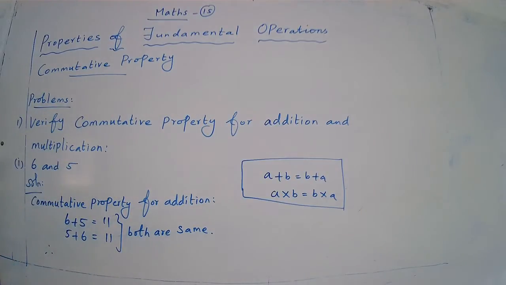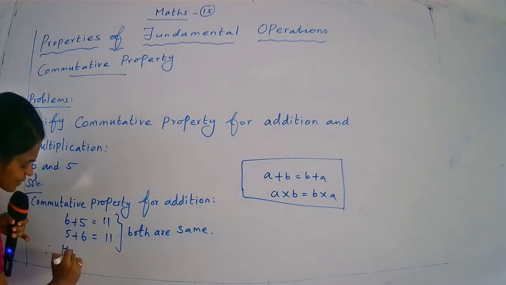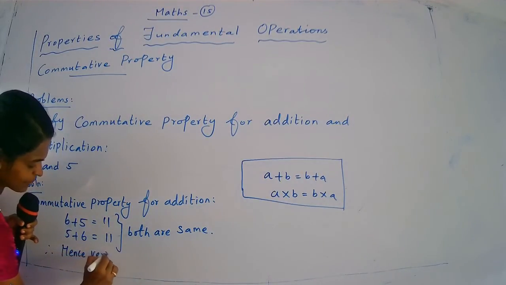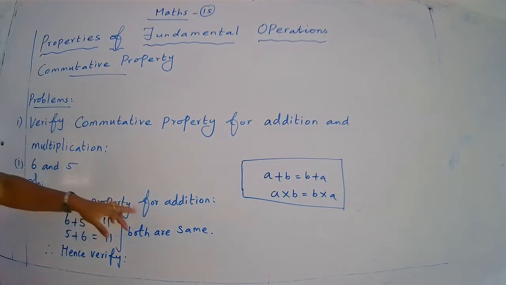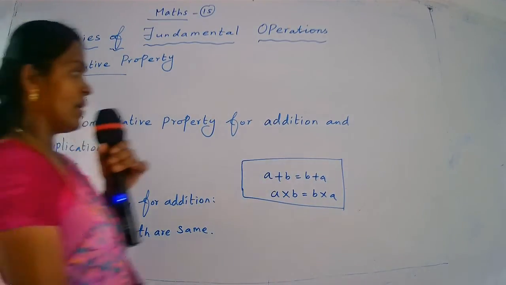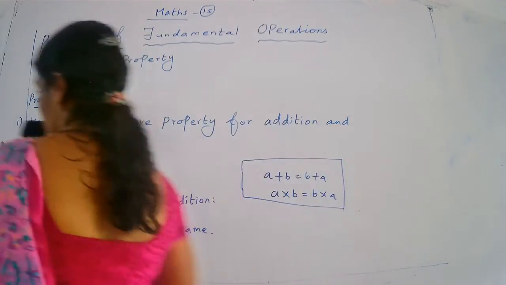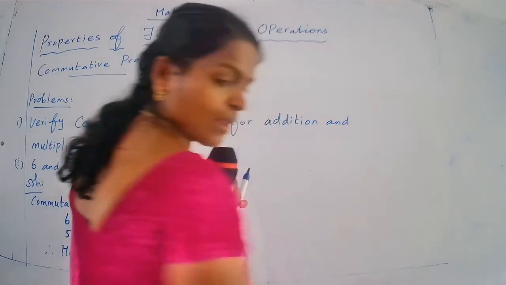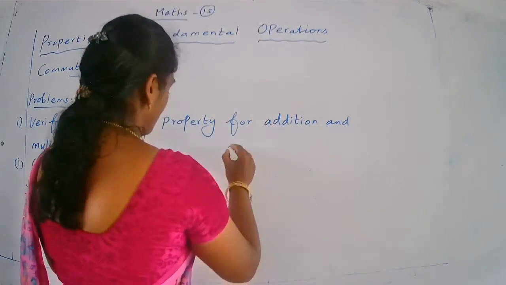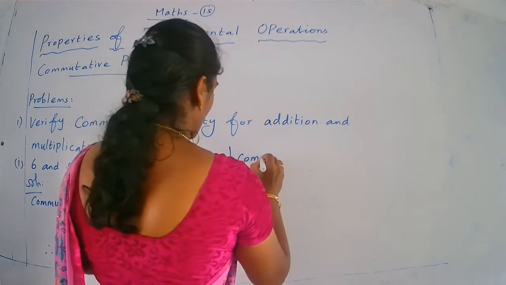Okay, so the answer, commutative property is true. Okay, children? Yes. Now next. Commutative property for multiplication. Okay. Now you multiply two numbers. 6 5s are 30. Again, you multiply by 5 6s are 30. Okay. So, your answers are same. So, hence verified. Okay, children? Are you clear? Yes. Write it.